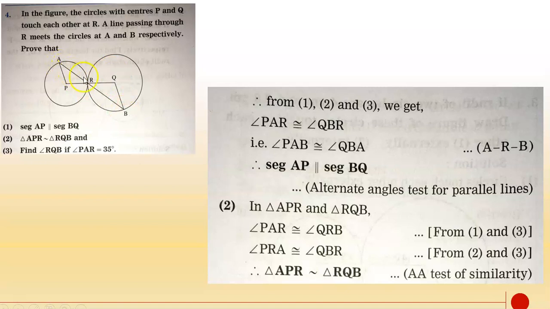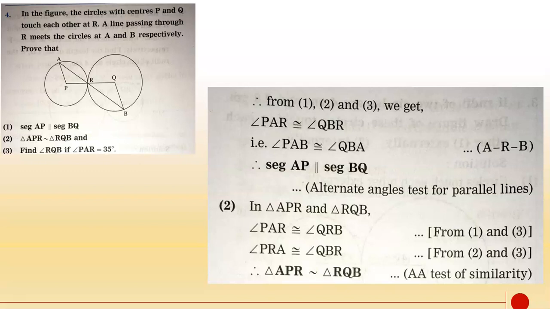So this angle is equal to this angle, and they are alternate angles. Therefore, segment AP is parallel to segment BQ because they are alternate angles. So, alternate angles test for parallel lines. This is how we prove the first sub-question.